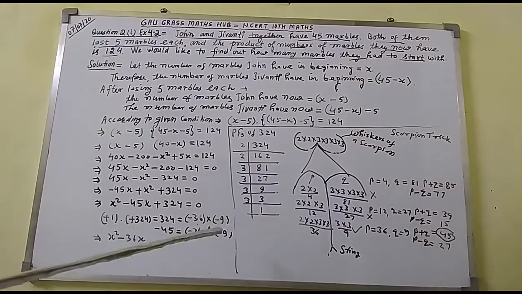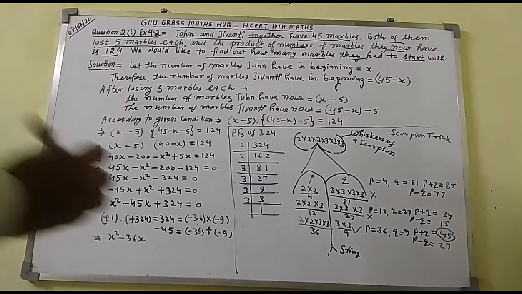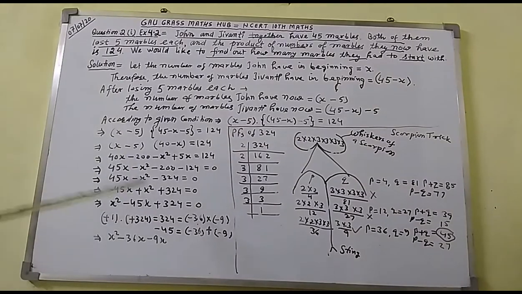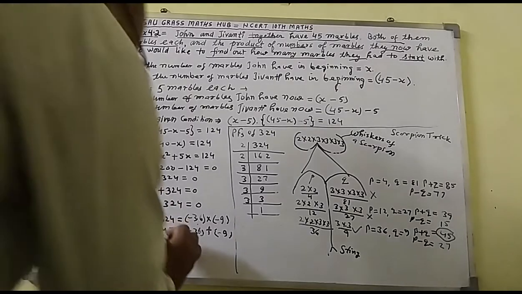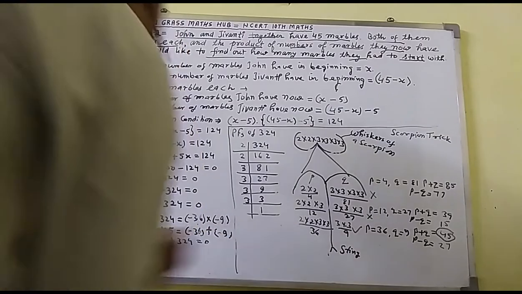After that, minus 9, and after it x, so I write minus 9x. Now minus 45x has been split into minus 36x minus 9x. If you do the operation, you will get minus 45x. Now write 324 as it is, equal to 0.